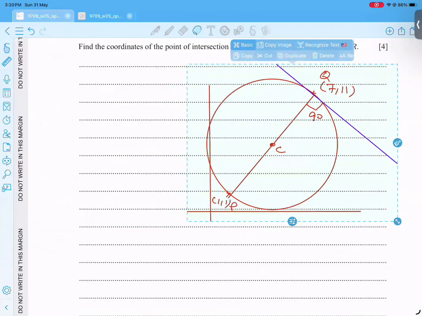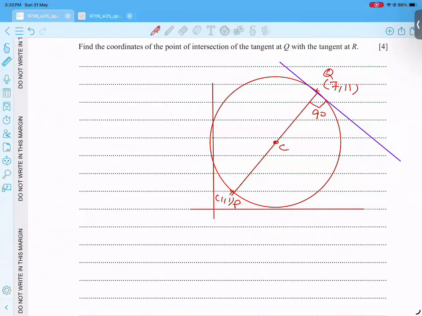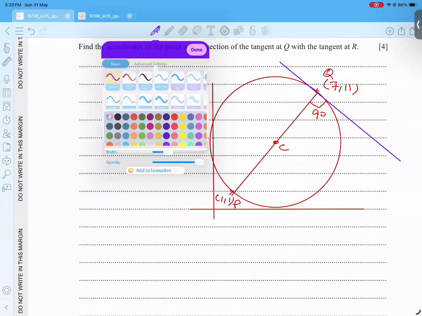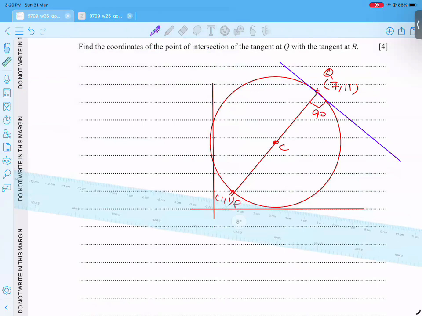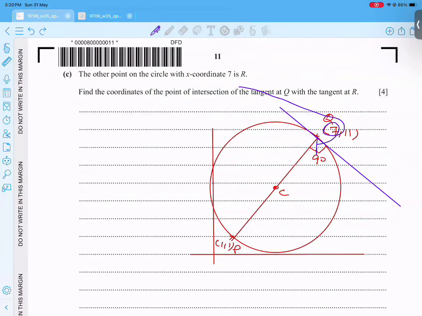So you can see, students, the second tangent which I'm going to make is here. He said that x is 7, and this is also 7.